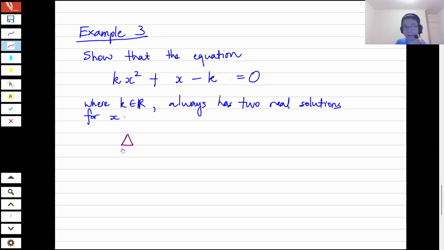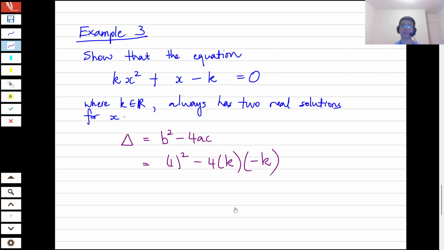So the symbol for the discriminant is the capital Greek letter delta, which is the triangle, which is b squared minus 4ac. The coefficient of x is 1. The coefficient of x squared is k. And the constant term is negative k.